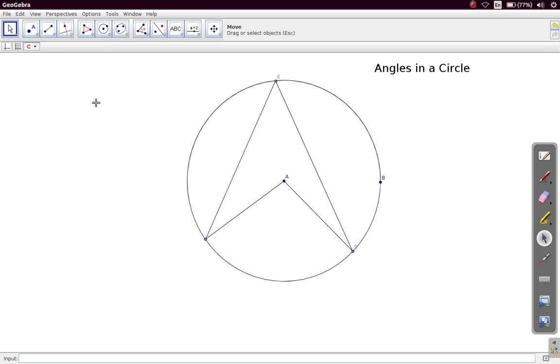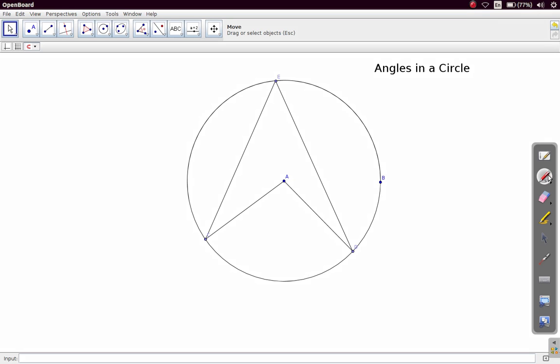Now, the first property of angles in a circle that we're going to look at is the fact that the angle at the center of a circle is twice the angle at the circumference if it stands on the same arc.